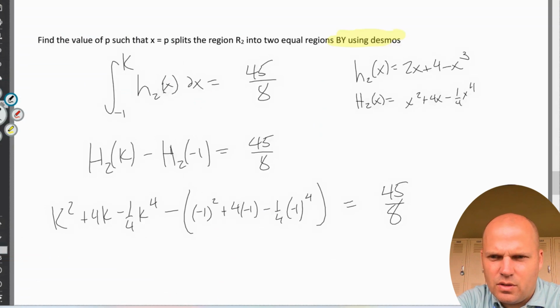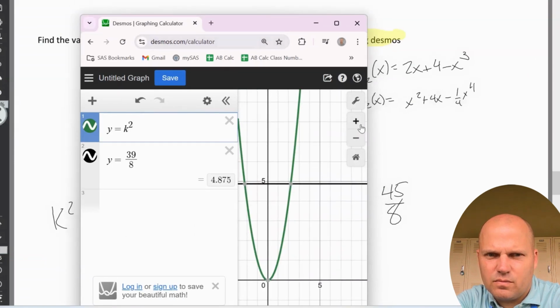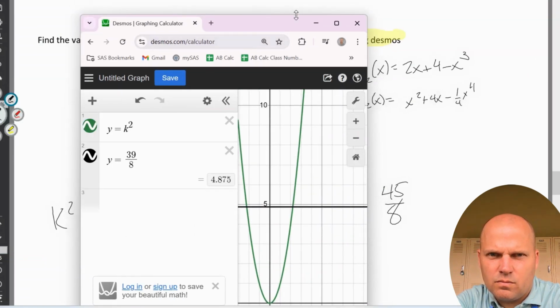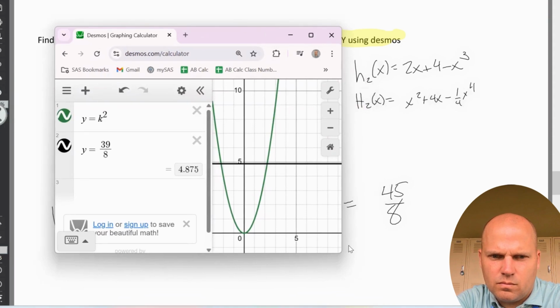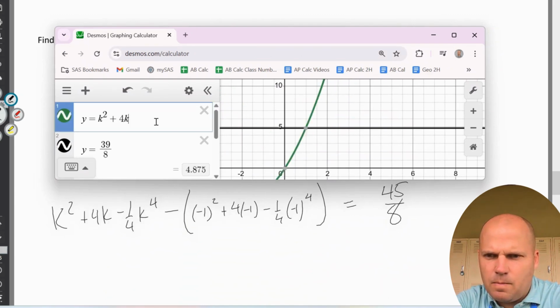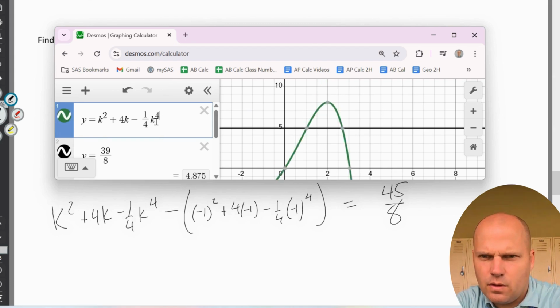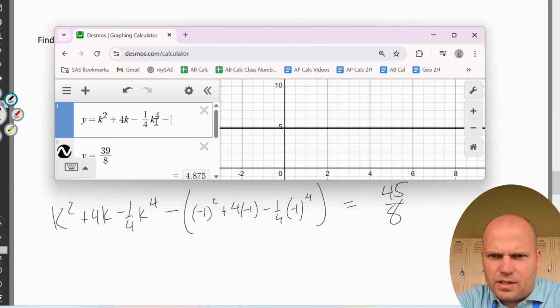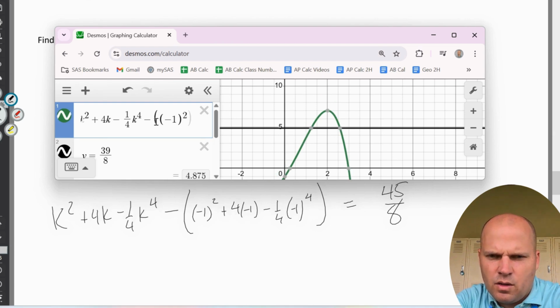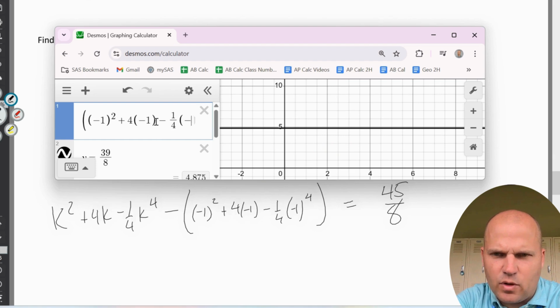Y equals k squared plus 4k minus 1/4 k to the fourth minus negative 1 squared plus 4 times negative 1 minus a fourth times negative 1 to the fourth.